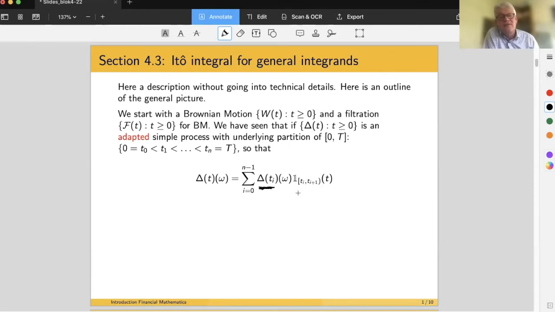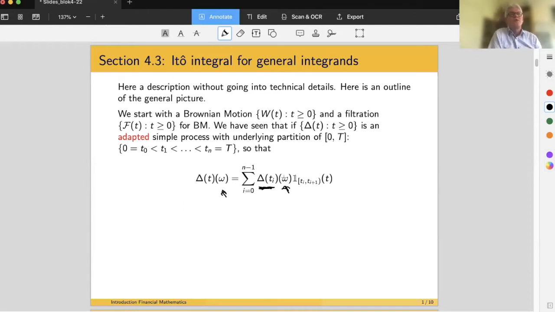And the indicator function, of course, is 1 when we are within this interval between t_i and t_{i+1}, and it is 0 elsewhere. And of course, this is a random variable, so we have the omega here and here. This process is a random variable.